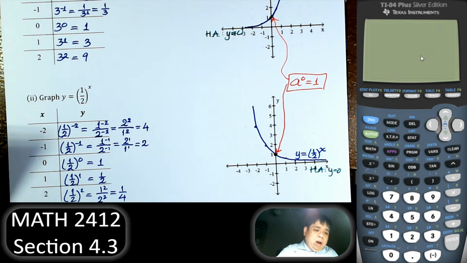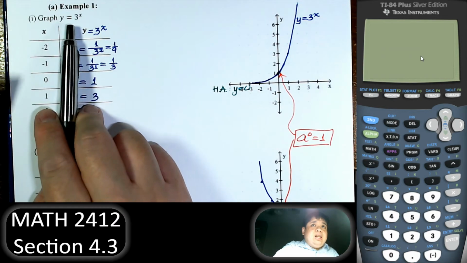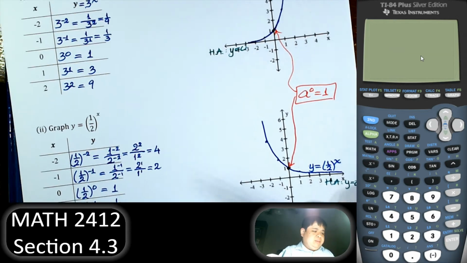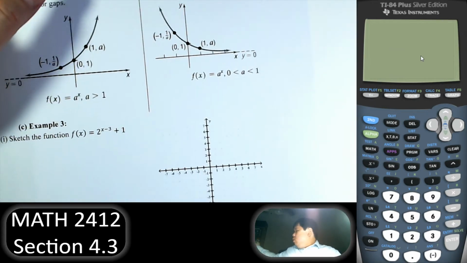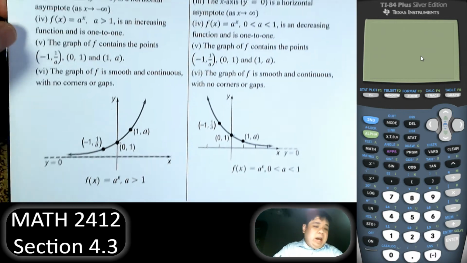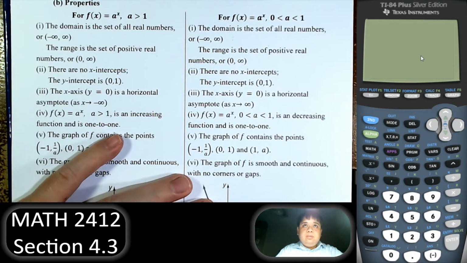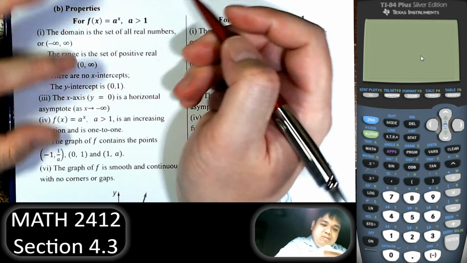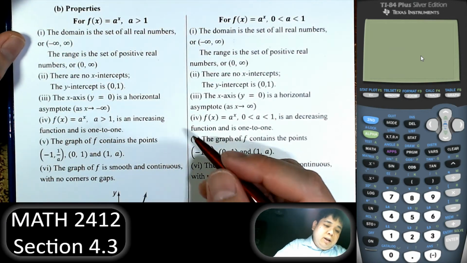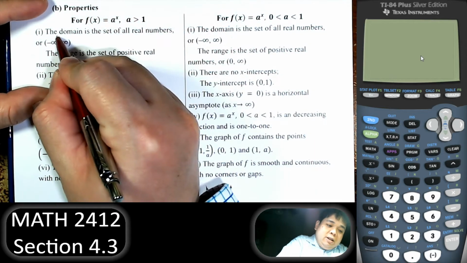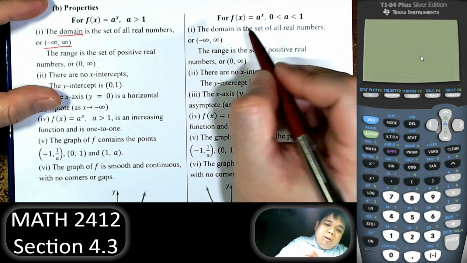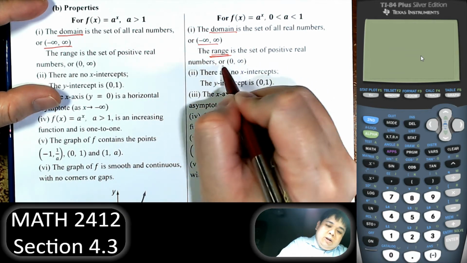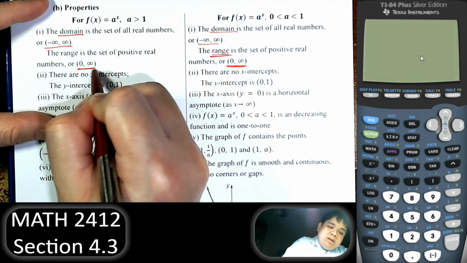And one more thing, if the base is bigger than 1, it is increasing. If the base is less than 1, it is decreasing. I put all of those properties together in the table. We have this exponential function. Now we just ignore the c in front of it. The domain, all real numbers. The range, positive numbers.